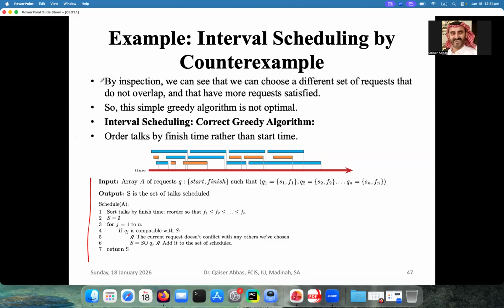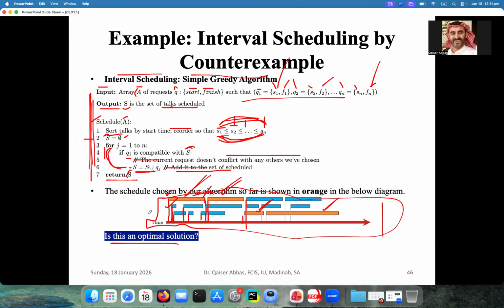I have given you the reason. By inspection, we see that we can choose a different set of requests which do not overlap, but have more requests. We are saying that this is not optimal.